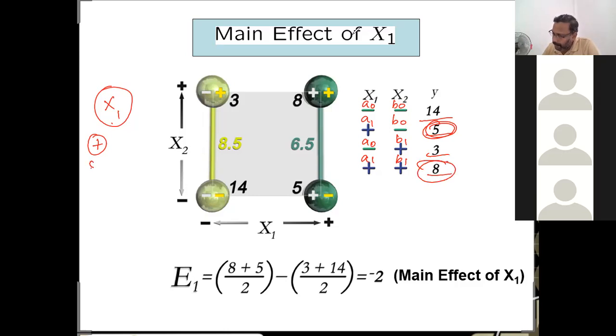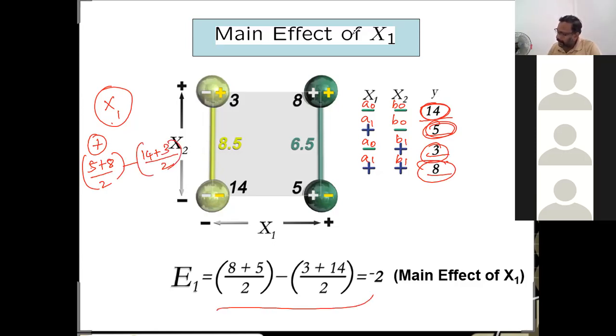So the average of 5 plus 8 divided by 2, minus the average of the minus values, that is 14 plus 13 divided by 2. So this will give a negative value. This is how we calculate the main effects.